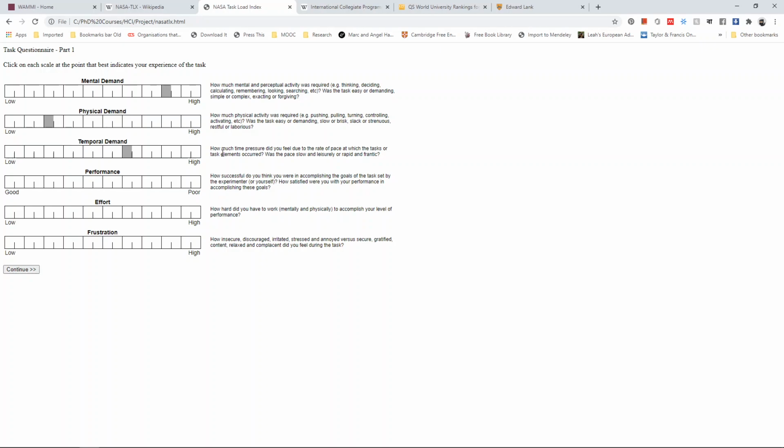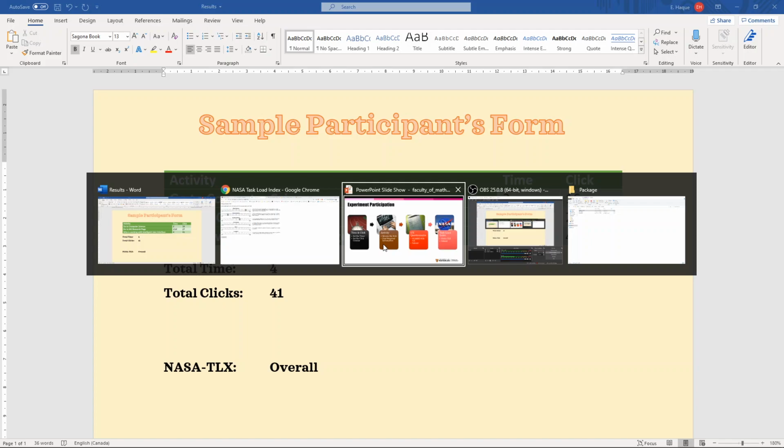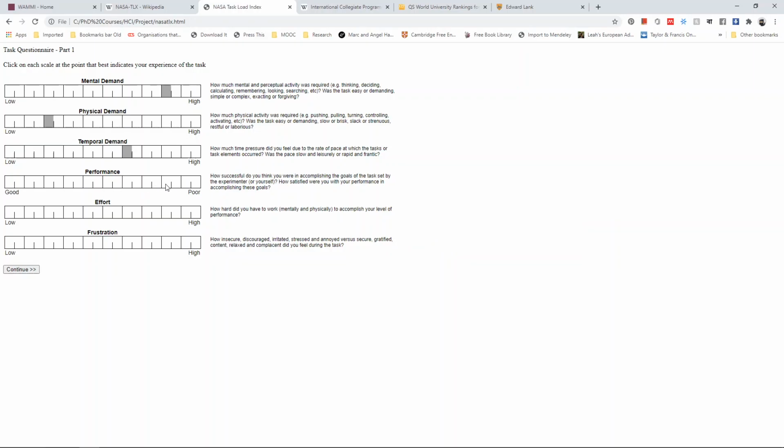Yes, all the tasks given to me, I think I have done them quite well, so I will provide very good. I'm happy. It did not take much effort. Initially it took some, because I went to the computer engineering department and then I came back to computer science, so I put it around here. And not much frustration. So this is the overall score for the TLX.